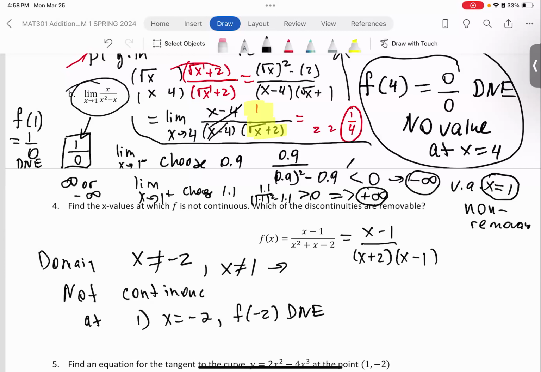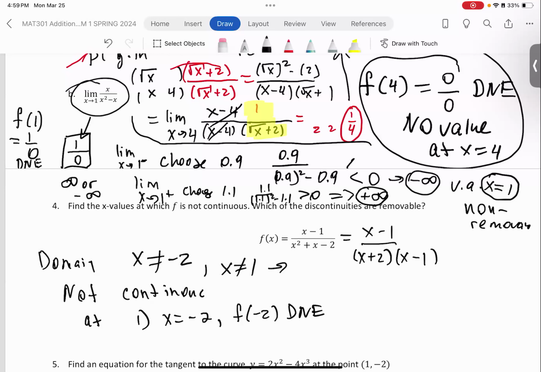That's what we say: f of -2 does not exist. That's why it's discontinuous, because that's what the question asks first: find the x values at which f is not continuous. f of x is not continuous at -2 because f of -2 does not exist. Done. That part of the question is done.